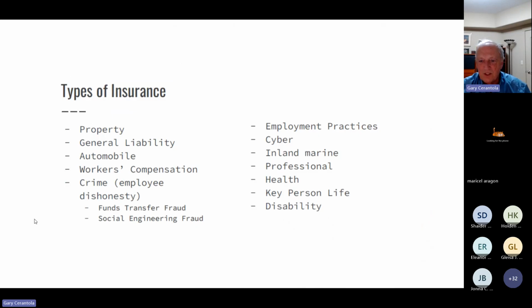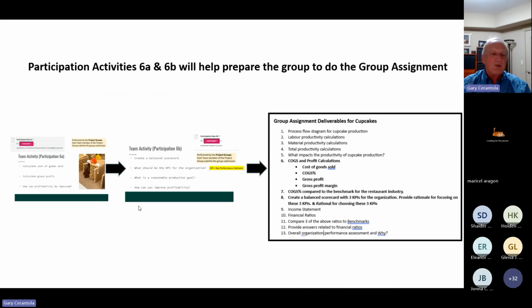And then here's the type of insurance that you can come in, and that's basically where we are for this presentation. So again, these three are the deliverables for 6A. These three are deliverables for 6B.